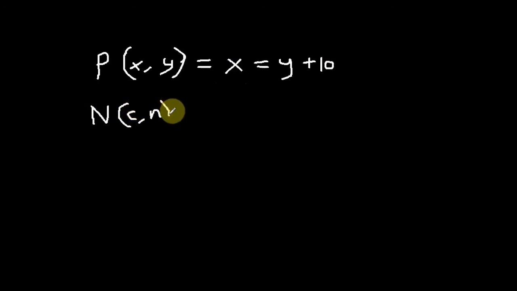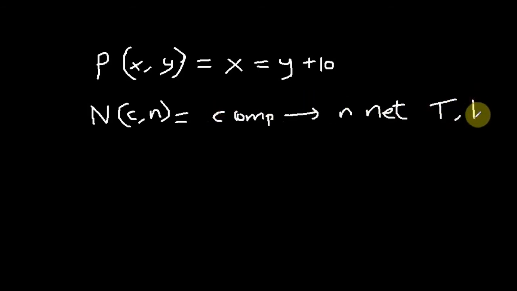I can say that computer c is connected to network n. Depending on the type of computer or the network, the statement can be true or false. It can be anything. We don't know.